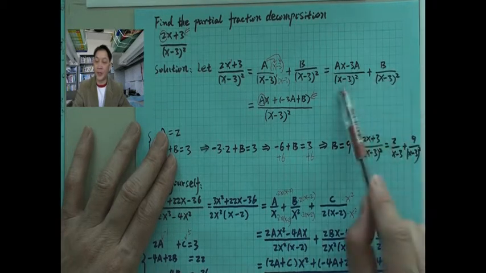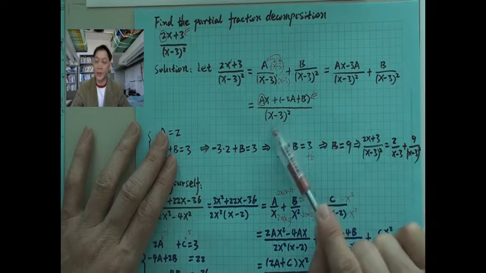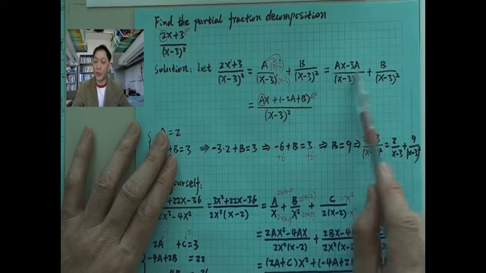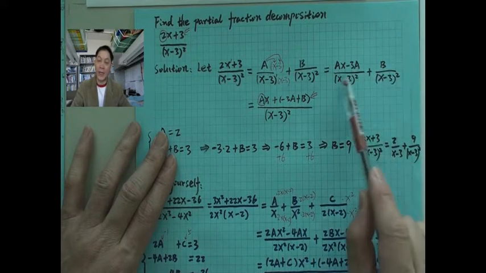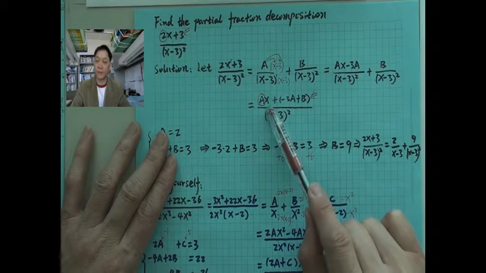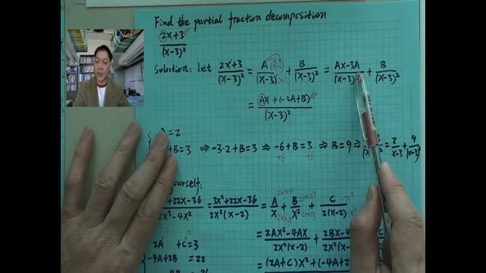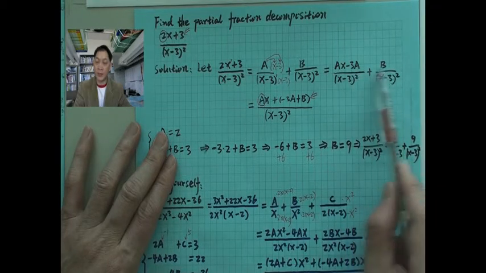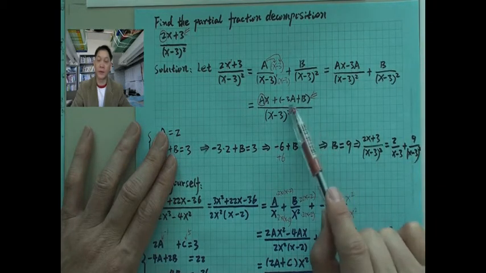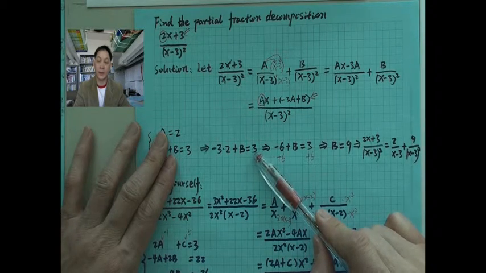Now we are ready to add those two together. Since denominators are the same, x minus 3 squared, we only add numerators, ax and negative 3a plus b are the constants, so you put together. Okay.